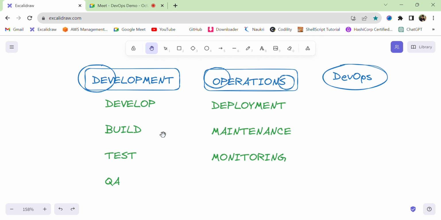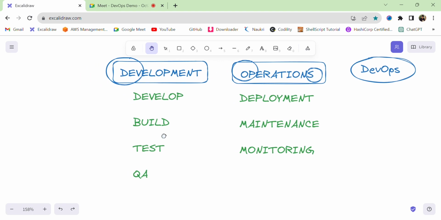Rather than giving the product after 1 year, we are giving the product in phases, after 2 weeks or after 3 weeks. We are continuously releasing and continuously deploying the application. That is wherein DevOps comes into the picture. So DevOps is more of a methodology which is derived from Agile itself.